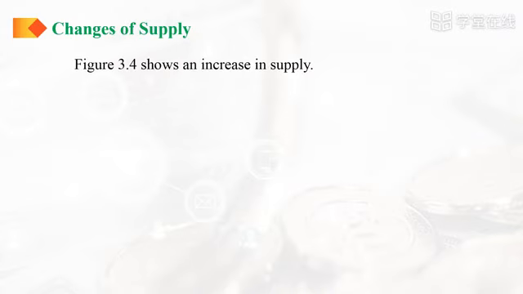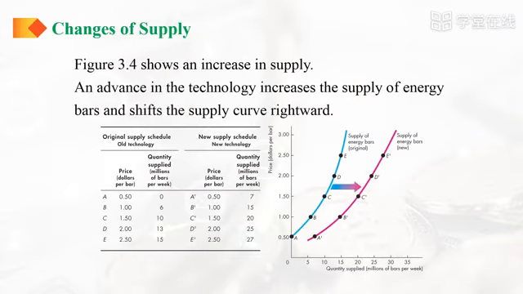Figure 3.4 illustrates an increase in supply. When supply increases, the supply curve shifts rightwards and the quantity supplied at each price is larger. For example, at $1 per bar, on the original supply curve, the blue one, the quantity supplied is 6 million bars a week.